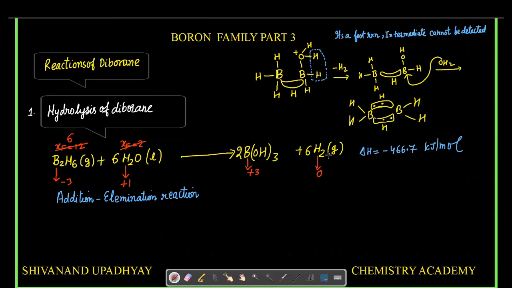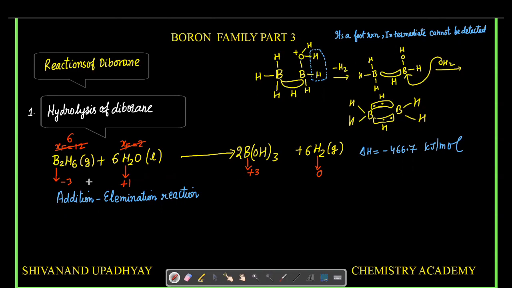So total hydrogen molecules eliminated is 6. This mechanism is not given, right? Because it is a fast reaction, the intermediate cannot be detected. So there is no mechanism available in the book, but that is a way to explain, because this is a highly exothermic reaction. So for hydrolysis of diborane, we can remember that there is addition of OH group and elimination of hydrogen. So 6 OH group are added and 6 hydrogen molecules will be eliminated, right? So this is the product.